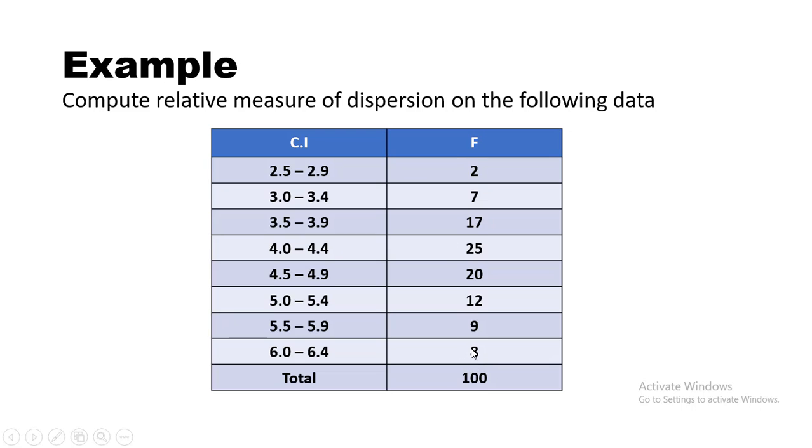If you add all those frequencies, you get a total of 100. We need to compute relative measure of dispersion on the following data.